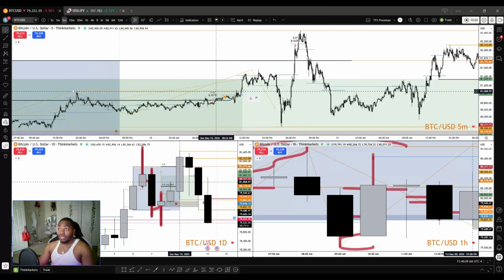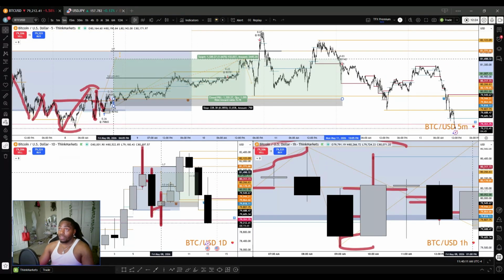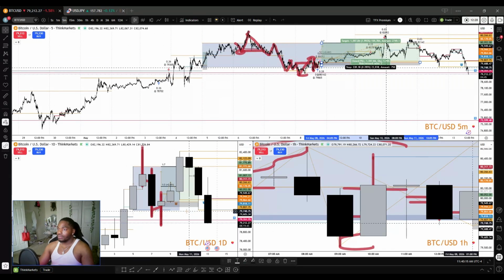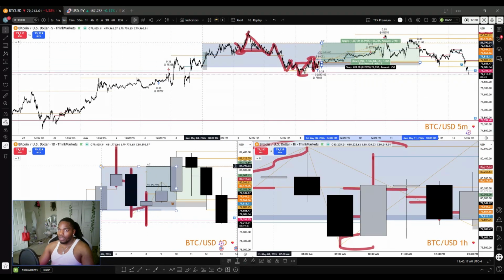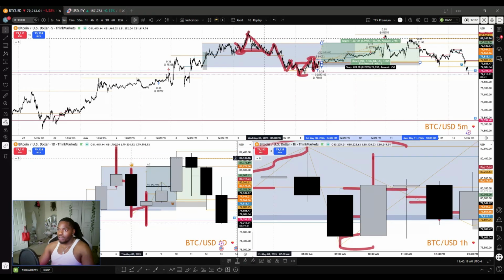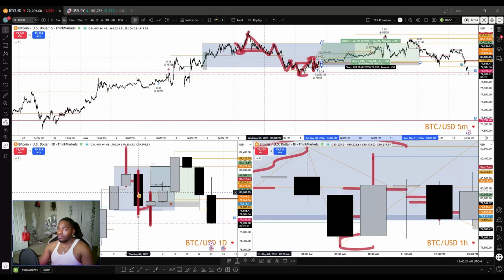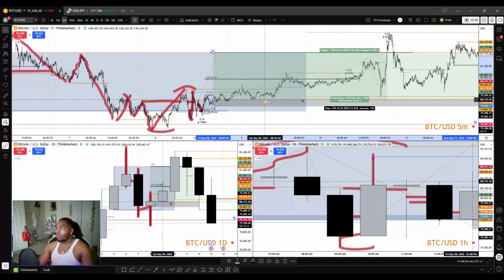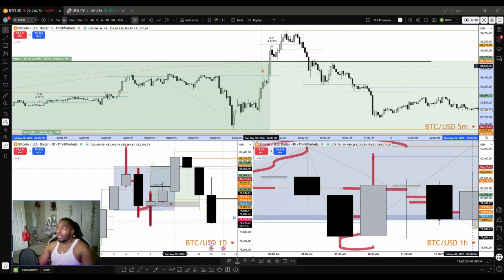I let the trade keep running. And then I was shooting for this 1 to 7 because that was the high of this daily candle right here. A lot of times price will wick it and then run away the opposite direction. And so that was the reason why I wanted to take another partial at that point. And so I waited for this candle to close above that point.